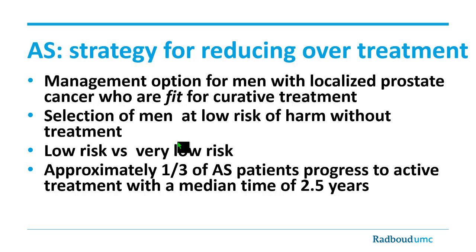So if you select those men and you postpone the treatment as long as possible, you will not harm that patient. In the literature, there are several groups in the world who have a large population of active surveillance patients, and they all talk about low risk and very low risk, and I will come to that in one of my next slides.